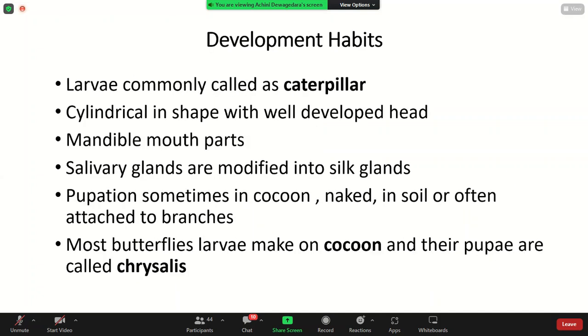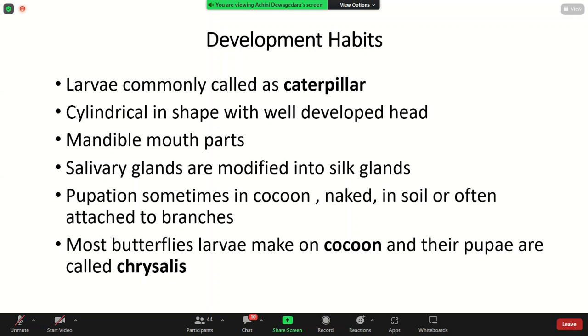Okay. So we have discussed the life cycle of these butterflies, not only butterflies, lepidopterans. They have a complete life cycle, and the second stage, the larva, is a caterpillar.